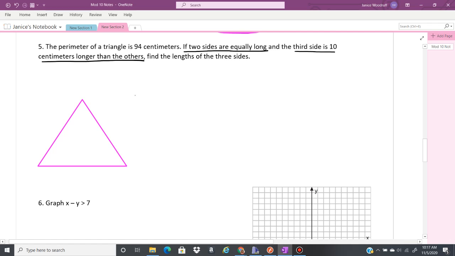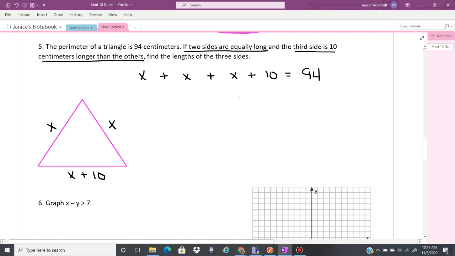Okay, so if 2 sides are equal, so let's say this side and this side are equal, those are going to be the same number, x. And then the third side is 10 centimeters longer than these 2 sides. So this is just x plus 10. So this isn't even really a system as opposed to just setting up an equation. Because we know if we add all 3 of these sides, we're going to get 94. So if I just do x plus x plus x plus 10 equals my perimeter, 94, I can solve this.